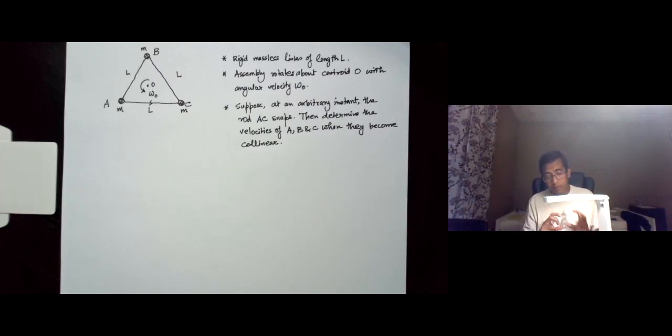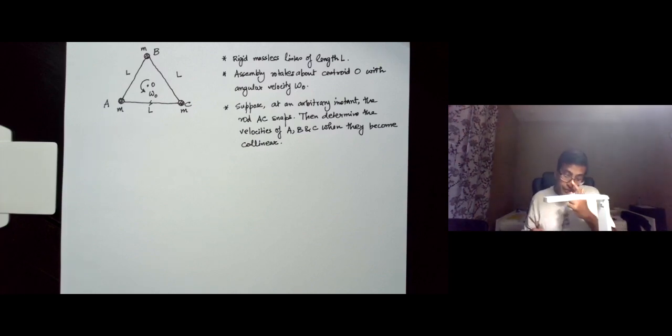Initially they were rotating about the point O in a very organized manner because the three masses were forming essentially a rigid body. And so once the rod snaps, we want to determine the velocities of A, B and C when they become collinear.